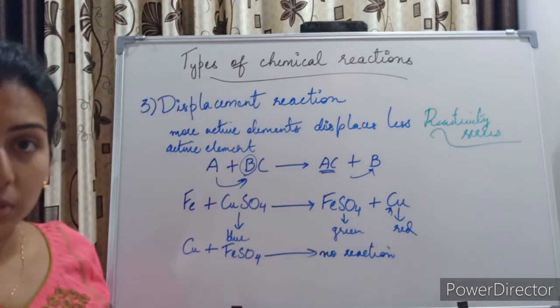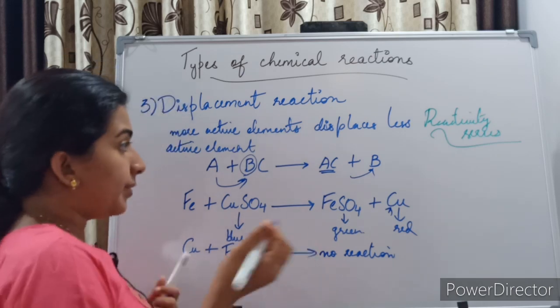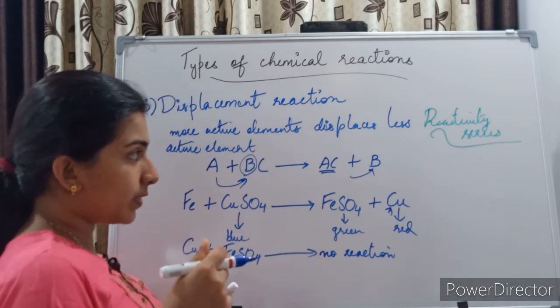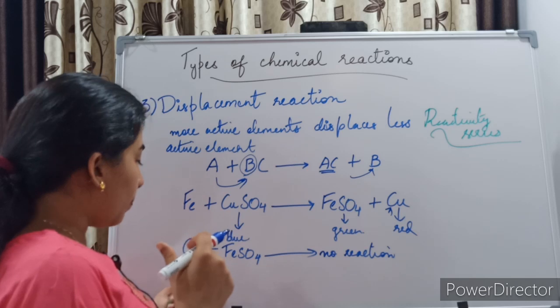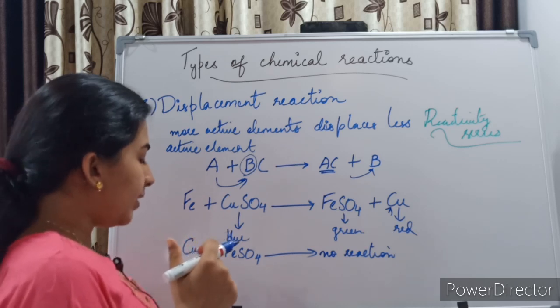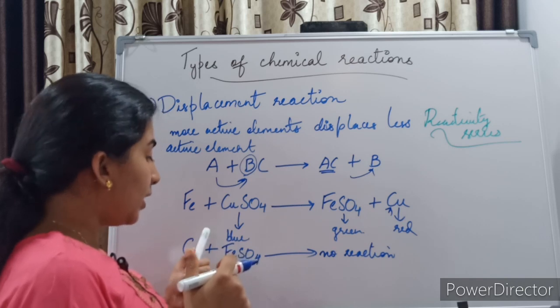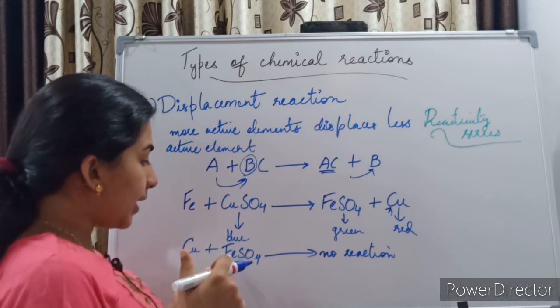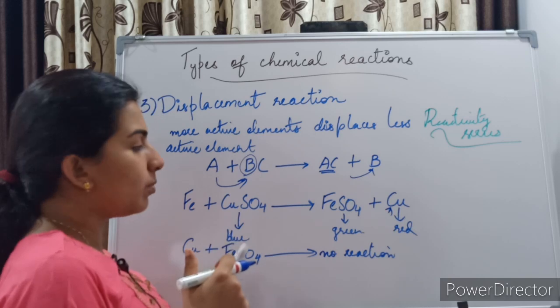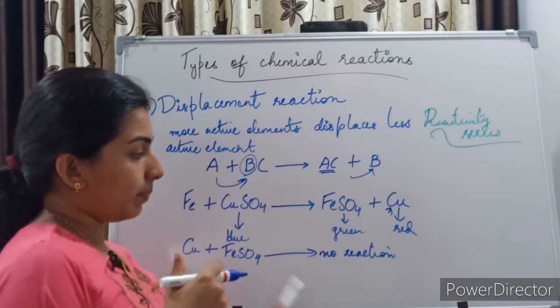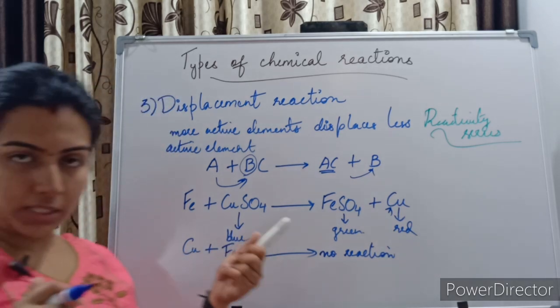Why is this? What is the reason? In the reactivity series, you have seen that copper is less reactive than iron. So copper will not have the ability to replace iron from ferrous sulfate. So there will be no reaction.